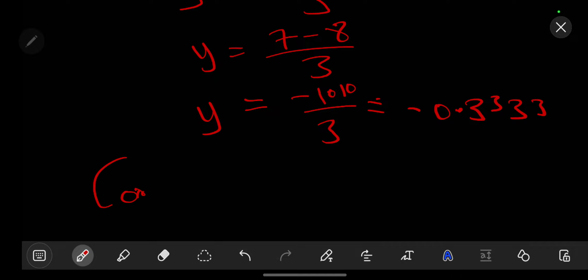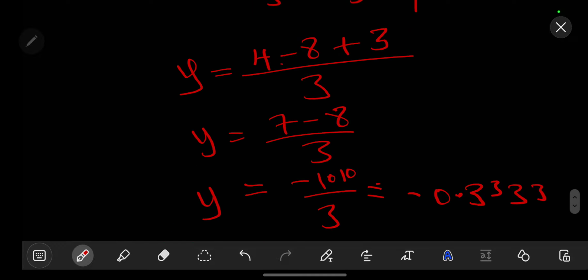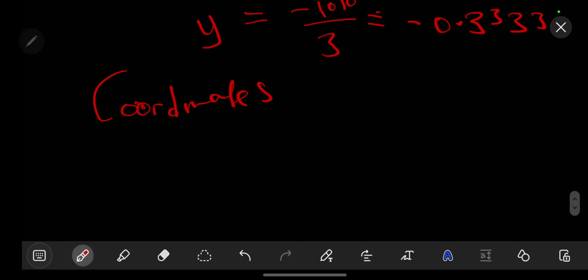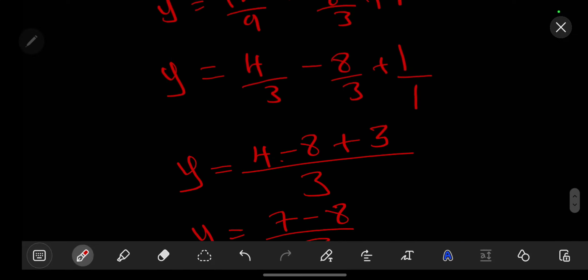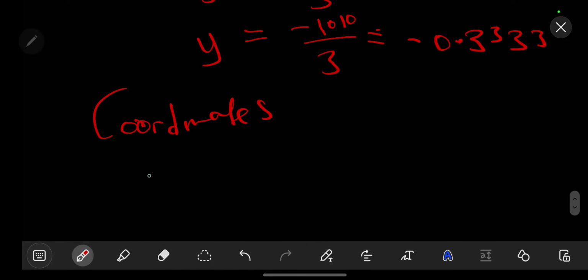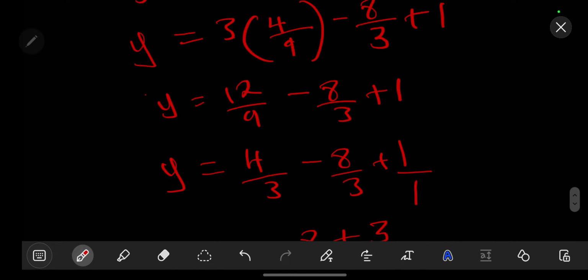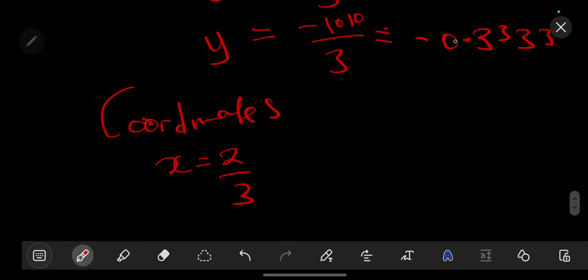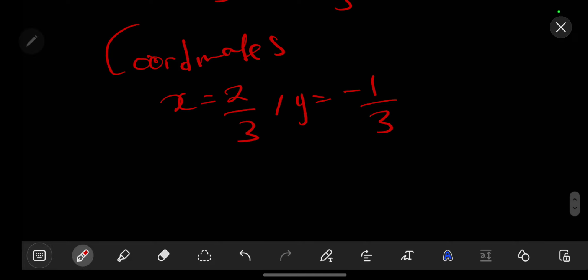So the coordinates are such that, remember, our x at the turning point is equal to x should be equal to 2 over 3, if I read it correctly. Then our y was equal to negative 1 over 3, like that. So that's our y.